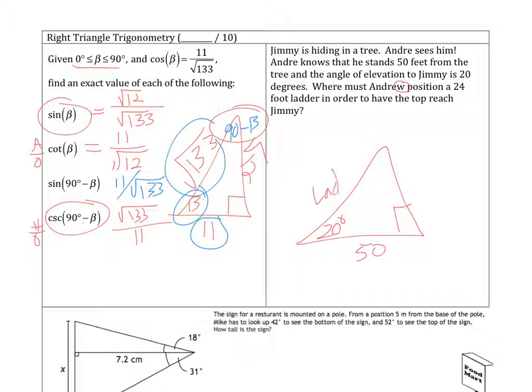So I'm going to say that this is my ladder. And if I'm looking at something where I know the adjacent, I'm looking for the hypotenuse. All right, this is cosine of 20 degrees is equal to 50 over ladder.